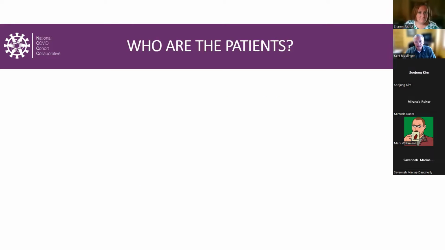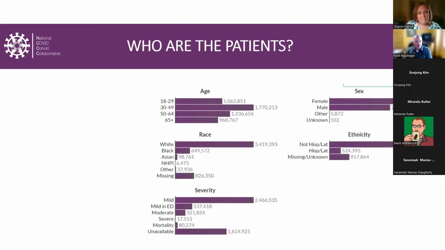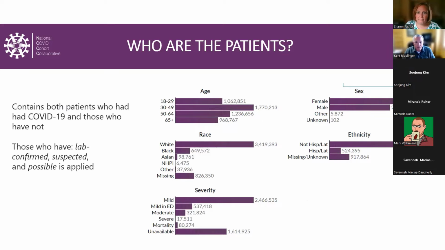Who are the patients? Well, the goal is to identify lab-confirmed, suspected, and possible cases of COVID-19, and then demographically match them, by age group, sex, race, and ethnicity, to the controls that have tested negative.